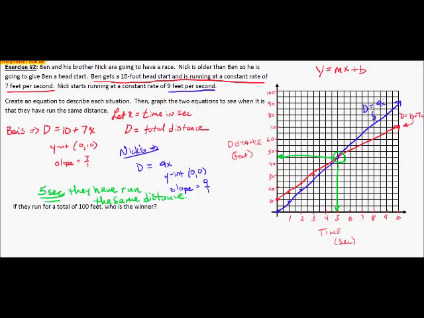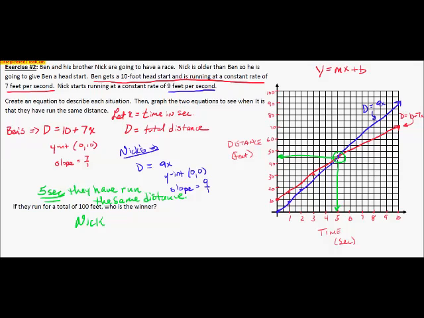Now on my graph, my graph doesn't go out until they reach 100 feet, but it's very easy to see that up to this point, Ben is winning, but right at that point, Nick is going faster, and he overtakes him and is now winning after this point, and that trend is just going to continue. So at 100 feet, Nick is going to be the winner.